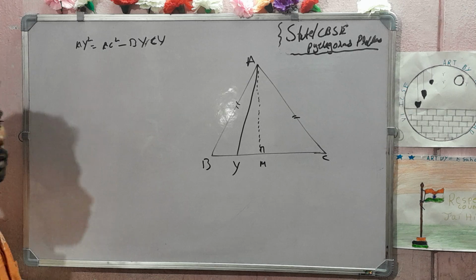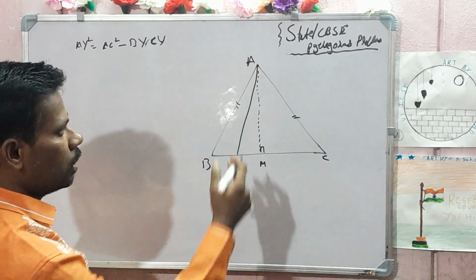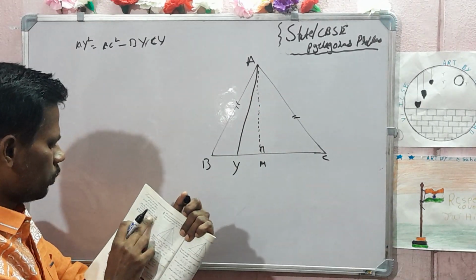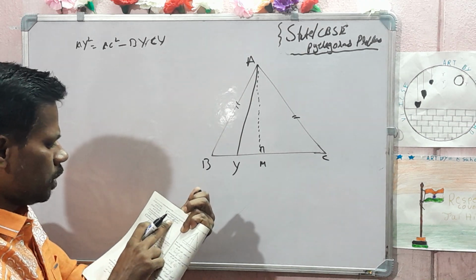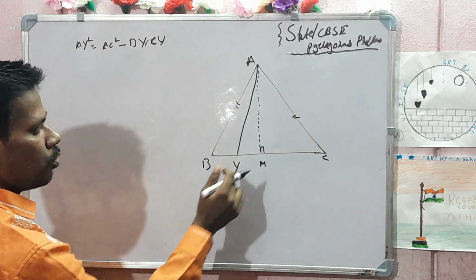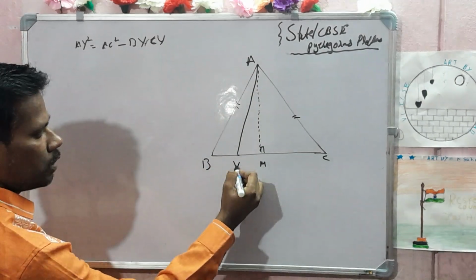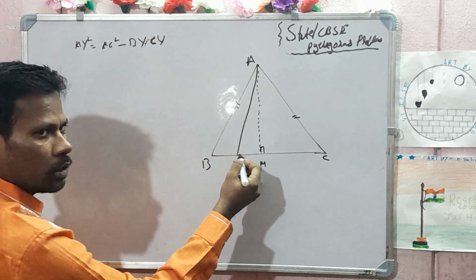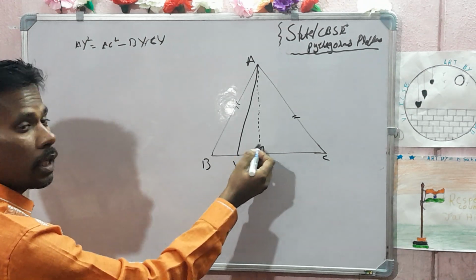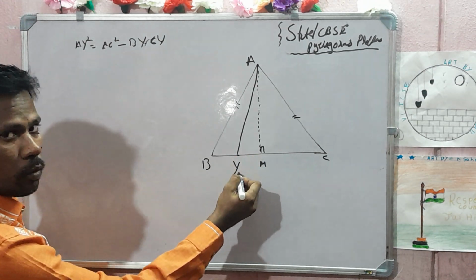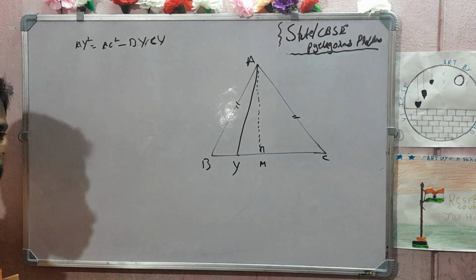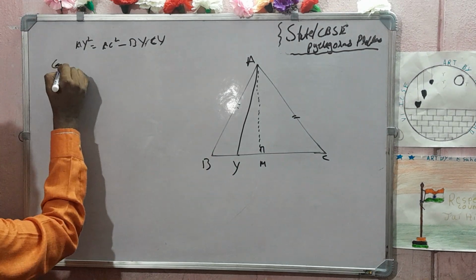So that is the meaning of this question. Internally divided means not outside. Internal means inside, you mark the point Y on BC, and there you have to prove this one. So, for this, construction is required.